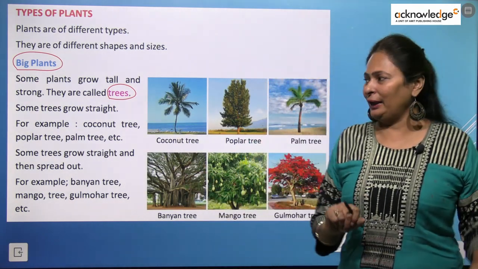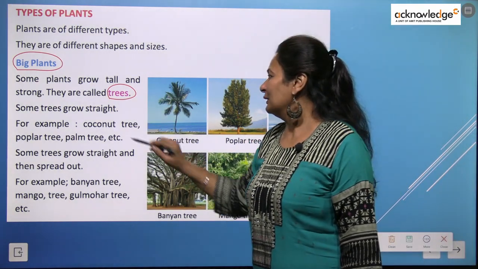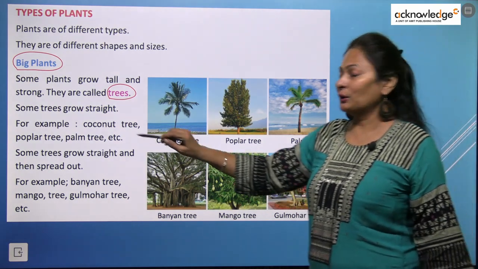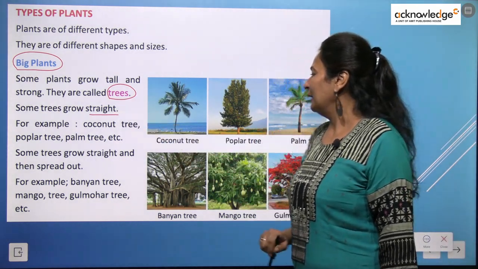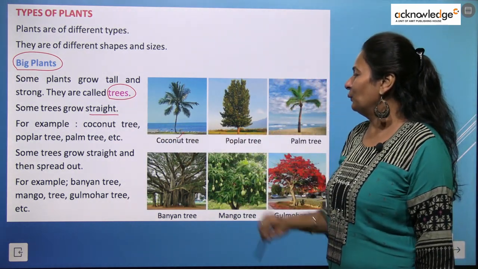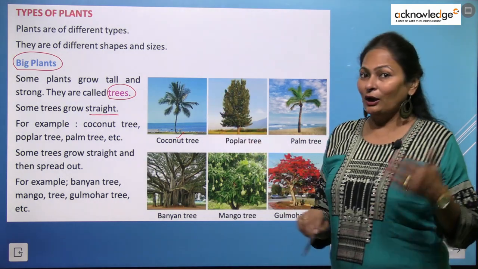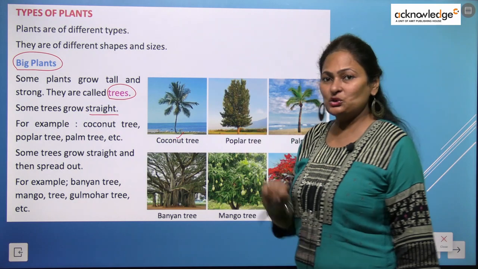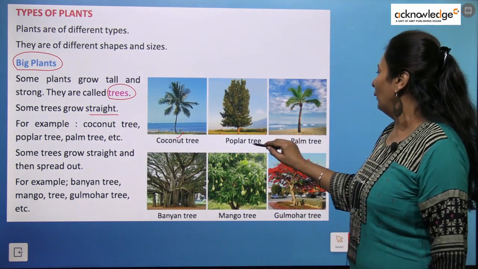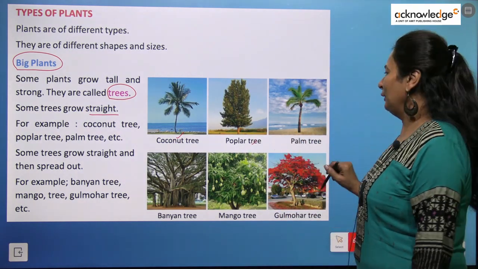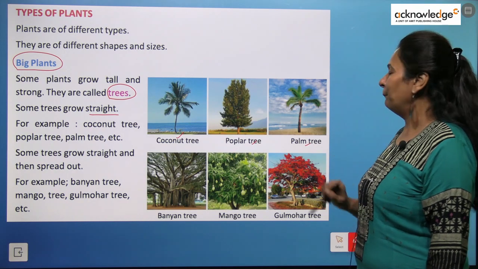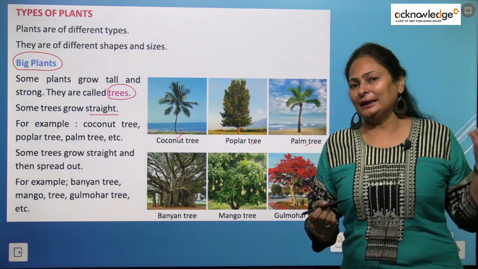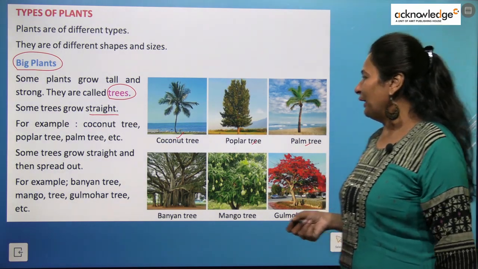They live for many years, right? Some trees grow straight like the coconut tree. You can see coconut is a tall tree. It's strong and it grows straight. Poplar and palm are also examples of trees. Here are some examples of trees.